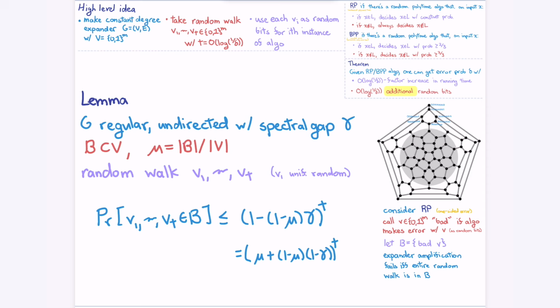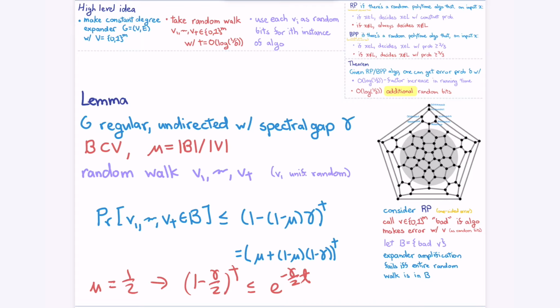If there was no 1 minus mu, if it was (1 minus gamma) to the t, that looks like our spectral thing, right? So it's dropping off exponentially, and the bigger the mu, the weaker this gets. If mu is equal to 1/2, then you'll get (1 minus gamma over 2) to the t, and that's at most e to the negative gamma over 2 times t.